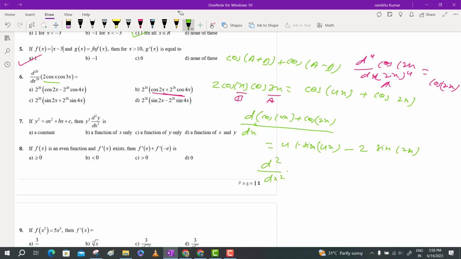Now the second derivative of this function is nothing but, let's say this is f of x, so this is f dash x. Now this we assume f double dash.